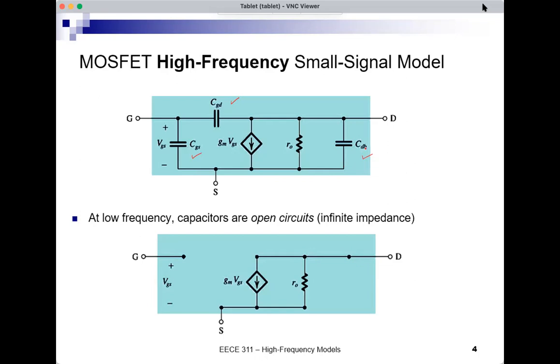In general, we'll assume that B and S are shorted together, so CDB appears also between D and S.